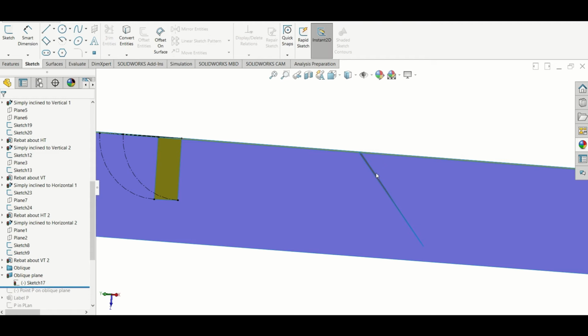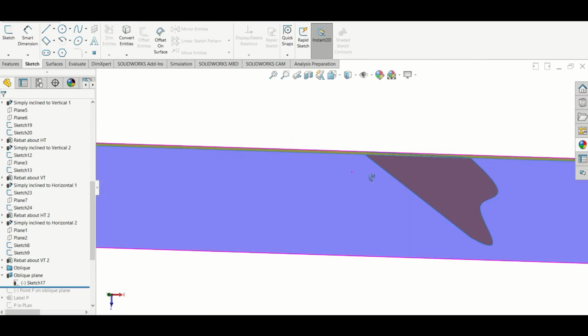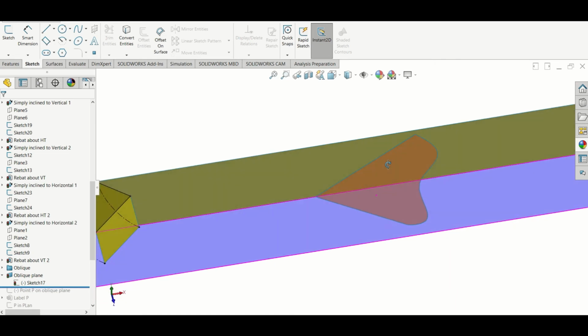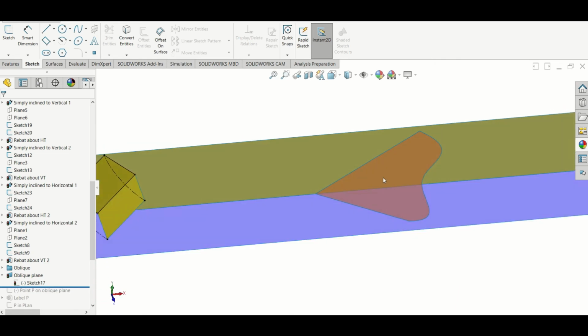And again, these angles are changing. They're completely different. The angle that the trace makes and the true angle of the plane are two completely different things. Now we will get on to that maybe in the next video, but it's just something to be aware of. These oblique planes are just a plane that makes a specific angle with the vertical and horizontal.